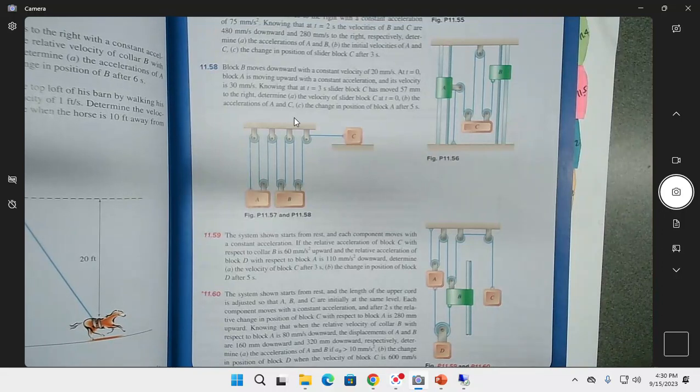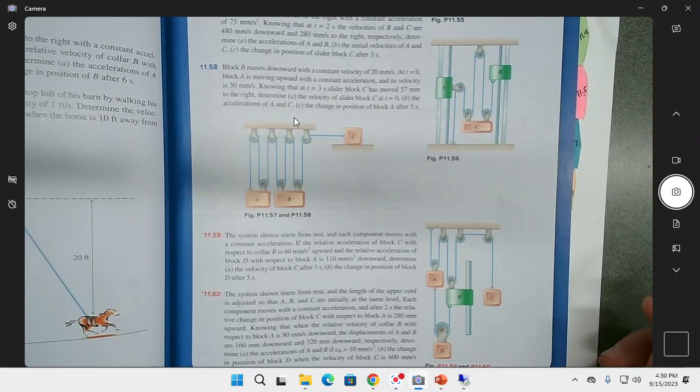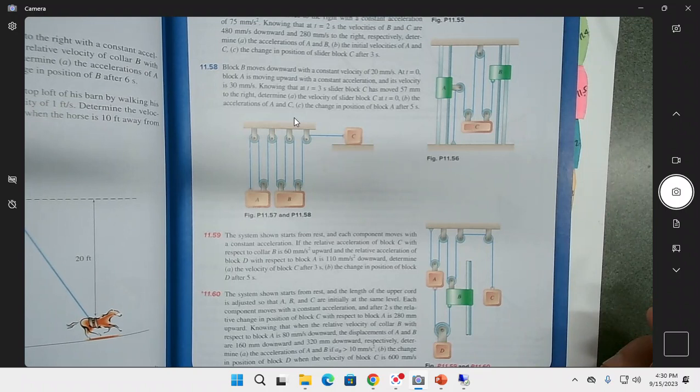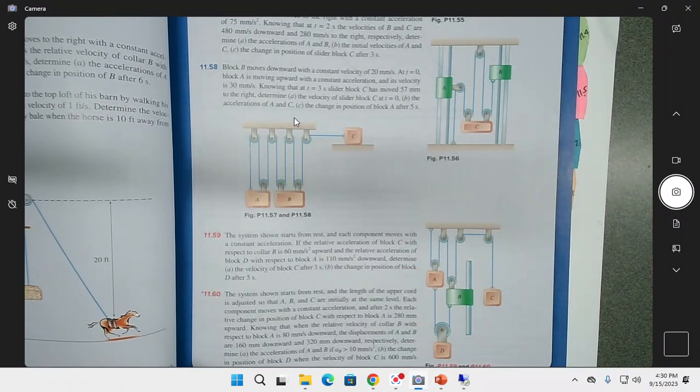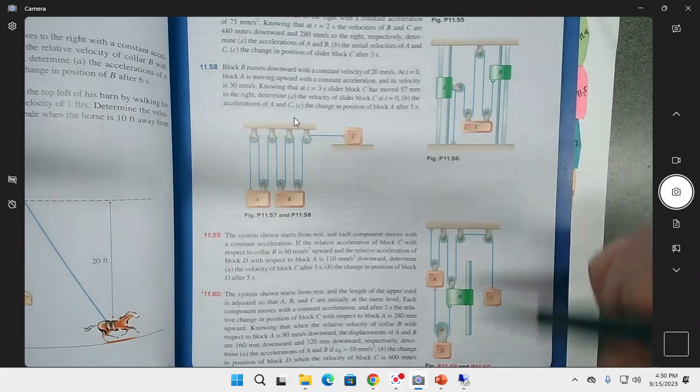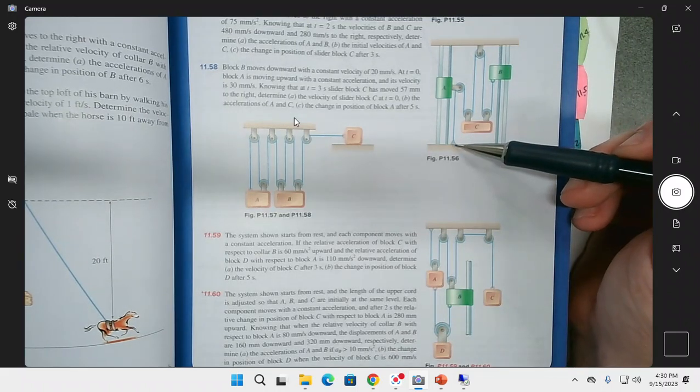It's too difficult to be an exam problem. He said, hoping he never asked it as an exam problem. Oh, here's a weird one too. Yep, because it's attached here at the bottom. That can throw people off.